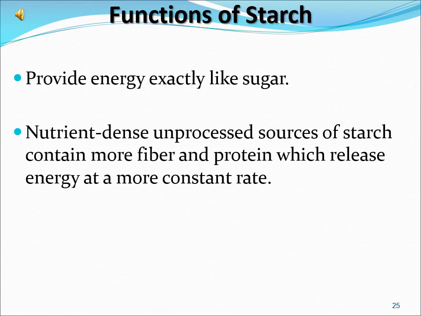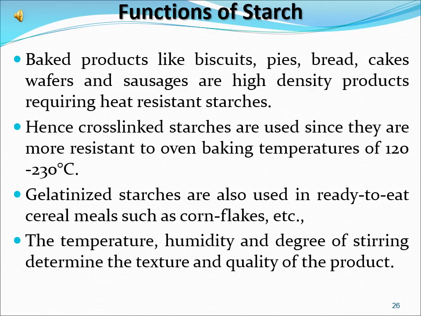Now, function of starch. Starch provides energy exactly like sugar. Nutrient-dense unprocessed sources of starch contain more fiber and protein, which release energy at a more constant rate. Baked products: bread, pies, samosas, wafers, biscuits and sausages.